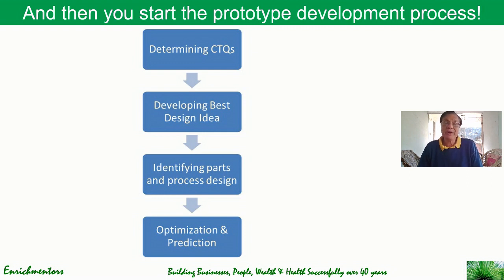Once we have the parts and process identified and designed, then we look at how we optimize that process so that it delivers consistent quality at the required quality parameters as per CTQ, and we are able to get a predictable performance of the process. And here again it is different from software companies, where it is one-off product development.